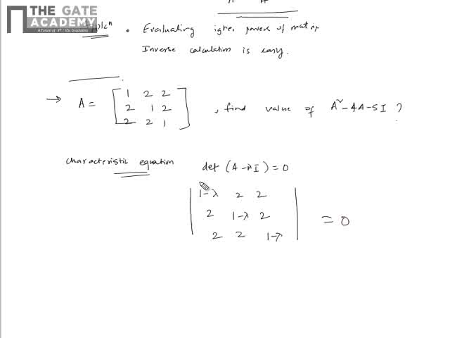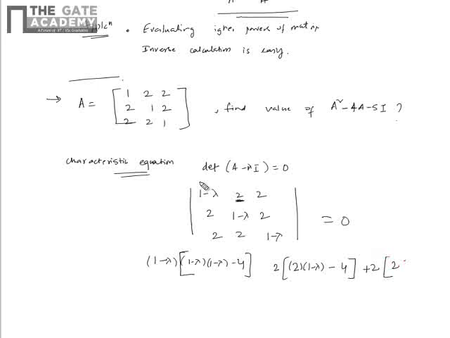Once you calculate this, the value comes out to be 1 minus lambda times the minor, minus 2 times the next cofactor, and then plus 2 times the last one. I think everybody knows here how to calculate a determinant, because that was in the starting sections we have seen.